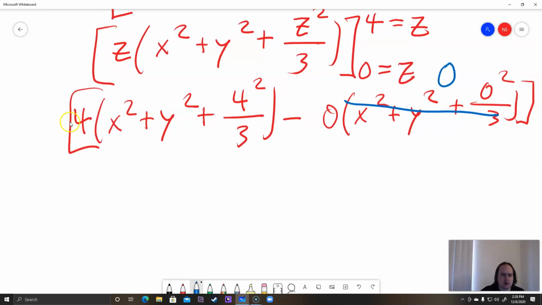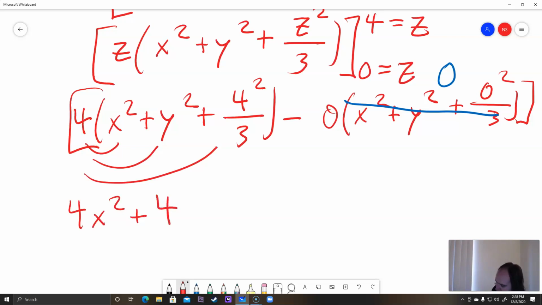So over here, we can go ahead and distribute the 4. Maybe it wasn't so great to factor out a z, but I like to factor out a z when you can. So we get 4x squared plus 4y squared plus 4 cubed over 3.